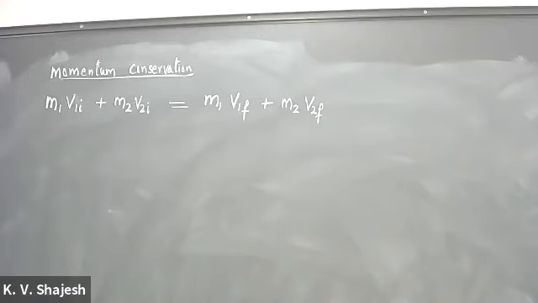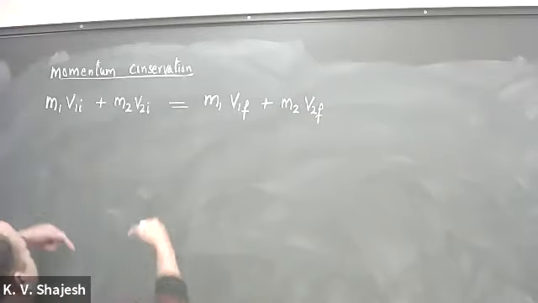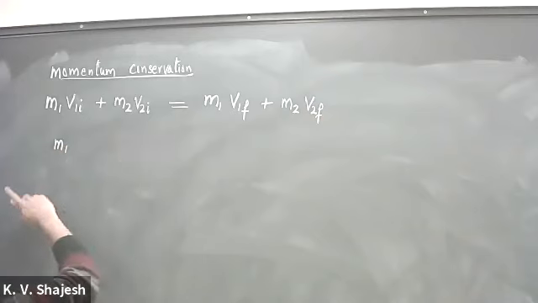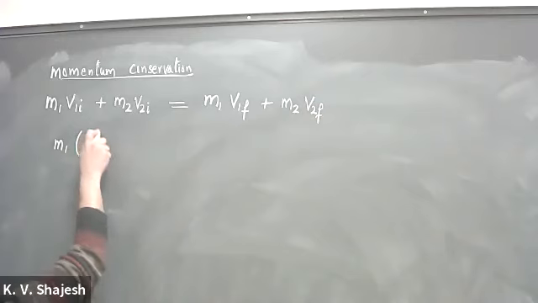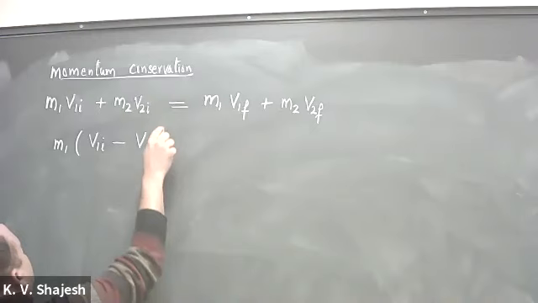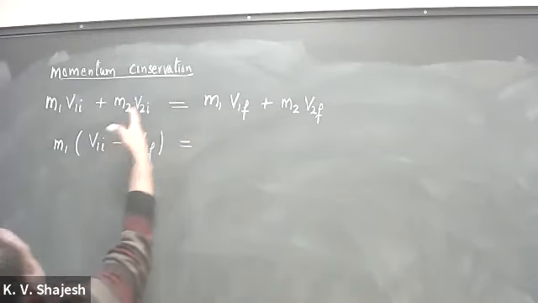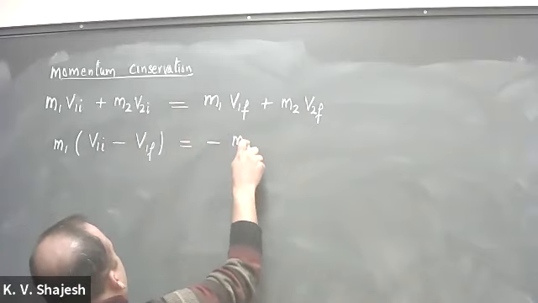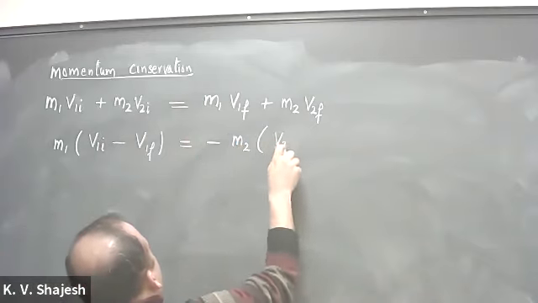There will be a similar equation for kinetic energy, but before I get there, let me rewrite this in a particular way to make the algebra a little easier. Let me bring all the M1 terms to the left hand side and all the M2 terms to the right hand side. So that's M1 times V1 initial minus V1 final, equal to M2 times V2 initial.